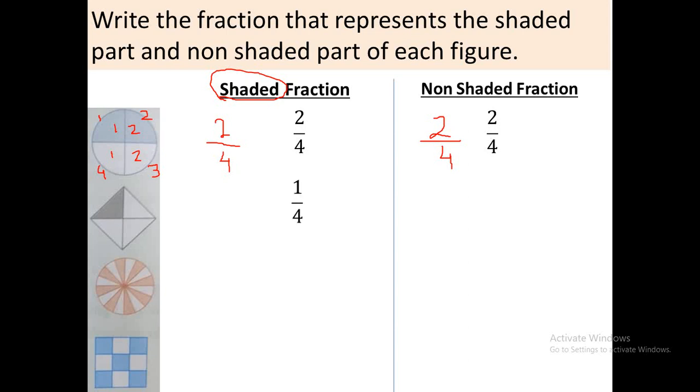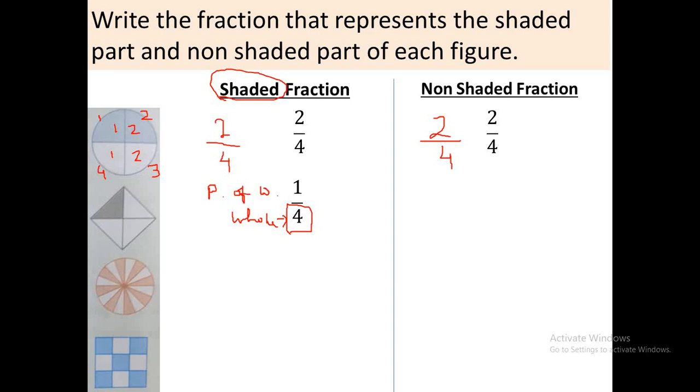So this is 1 by 4. See, this figure has been divided into 4 equal parts. So in place of whole I will write 4. So whole equals 4. Right. And parts of whole. Okay. Parts of whole.